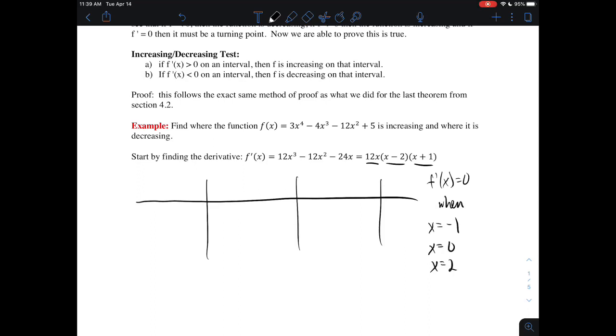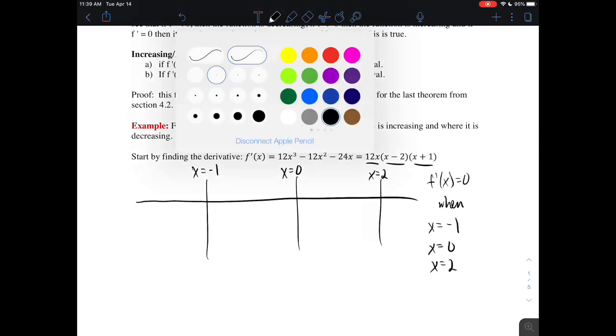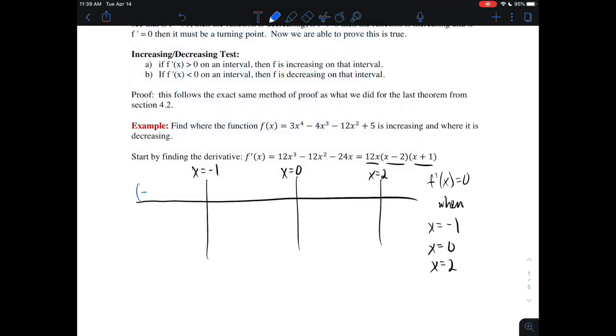So reading from left to right, we're dividing up this chart where the derivative is equal to 0. And then what you have in front of you are just intervals. For example, on the far left, this would be the interval from negative infinity all the way to negative 1.